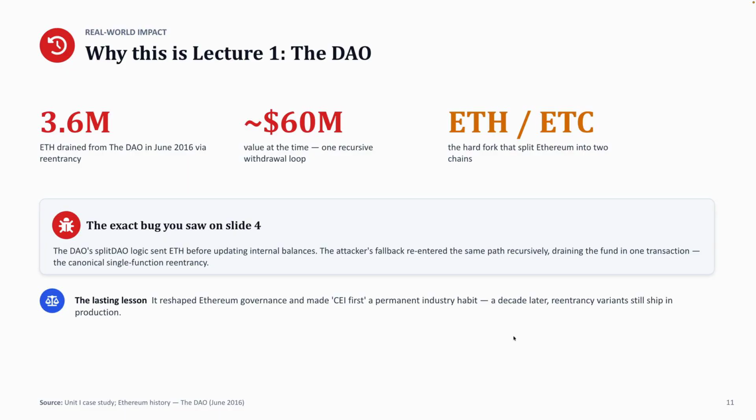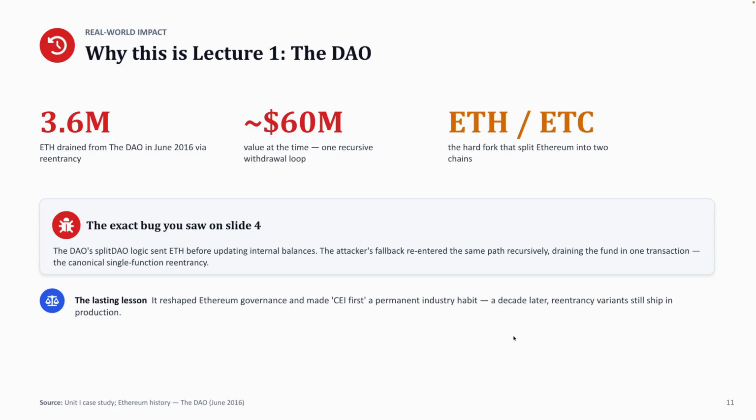Why are we even talking about the reentrancy attack? Because in 2016, the DAO hack happened due to a reentrancy bug in the DAO contract that led to a loss of 3.6 million ETH, which amounted to approximately $60 million.